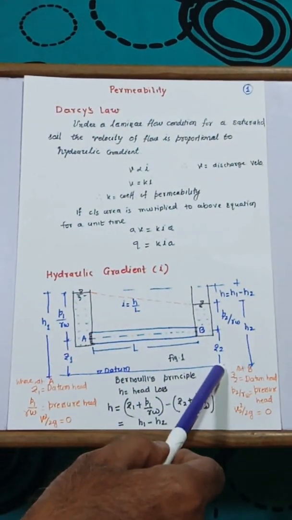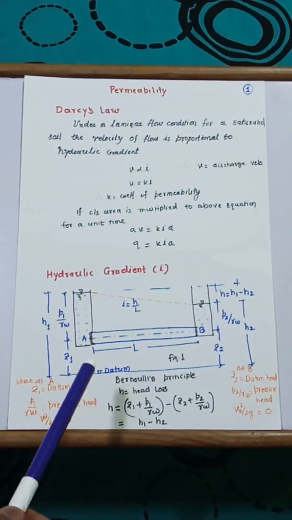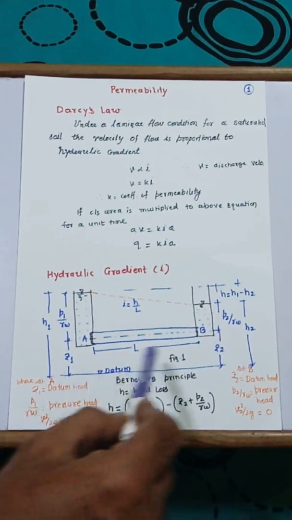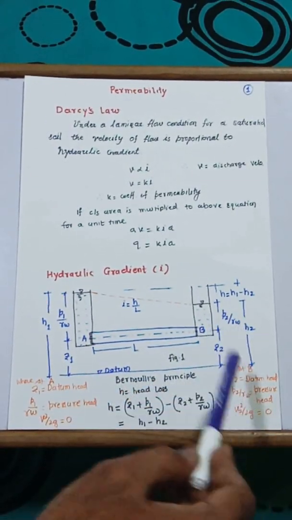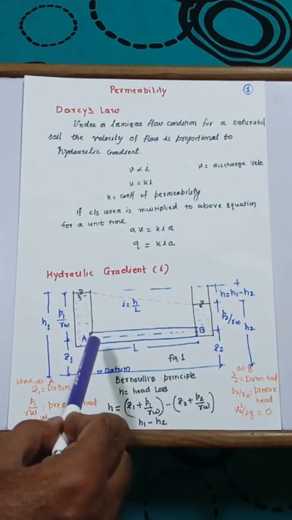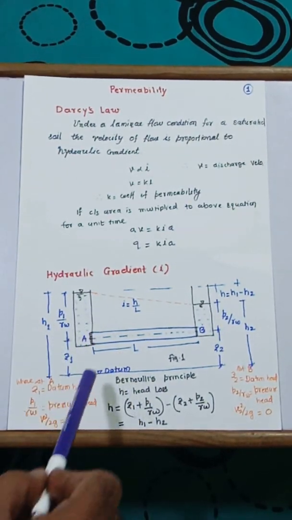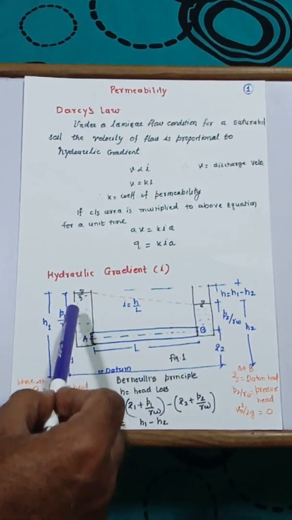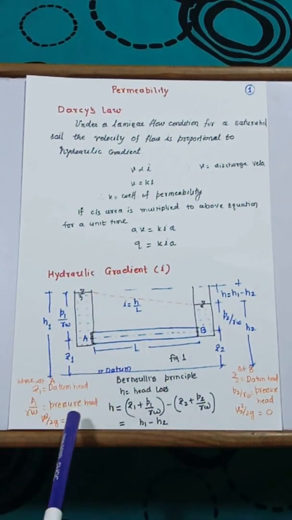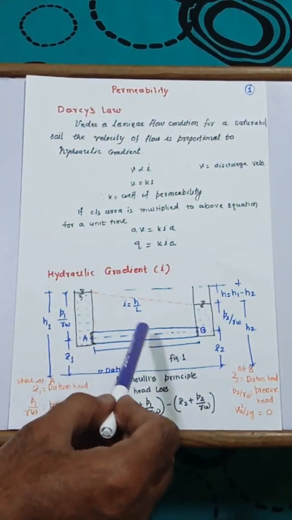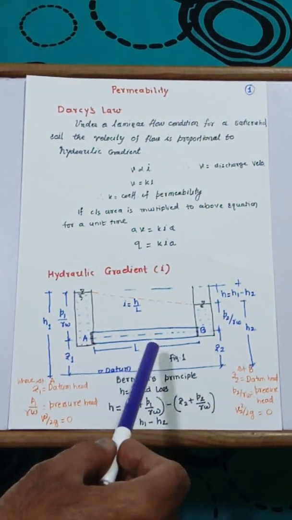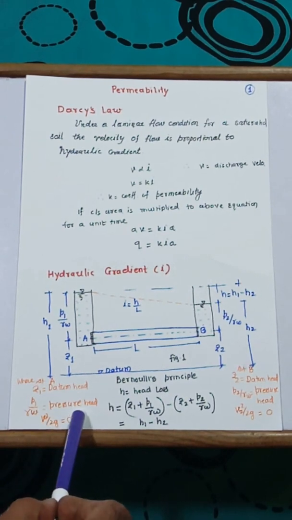So from any one fixed line, the datum line, the total head at A is calculated separately and the total head at B is calculated. The total head at A comprises the datum head Z1 and the pressure head, and the velocity head is considered 0, because the velocity of flow through the voids of a soil is very slow, and that's why this head is considered to be 0.